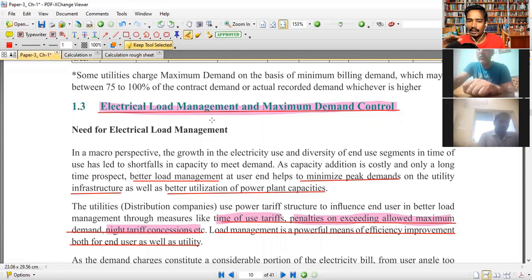Then they distribute all the load evenly. Suppose in the morning section all the load is running, that time it's a peak load, that time is a maximum increase.